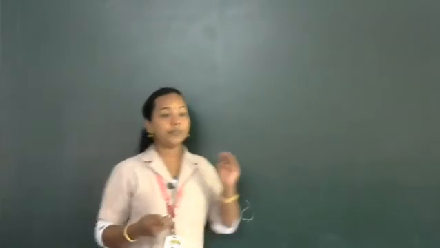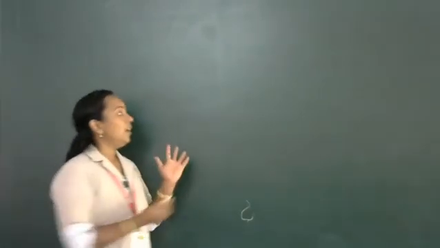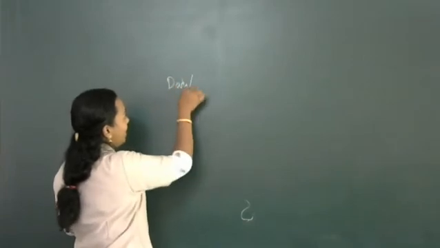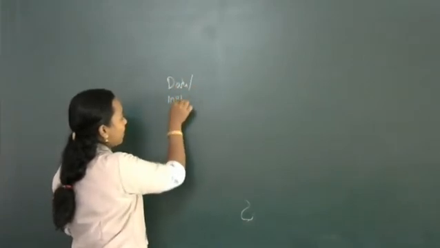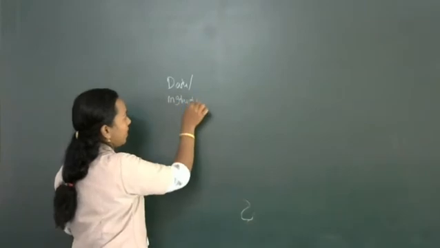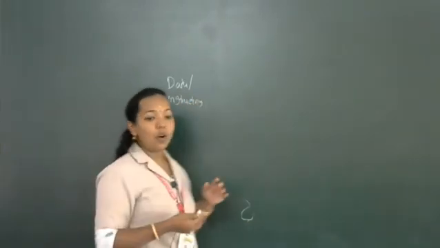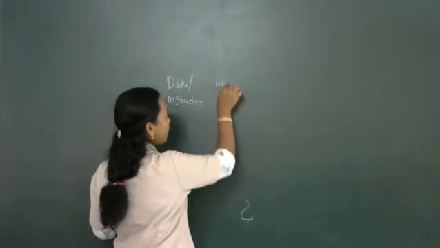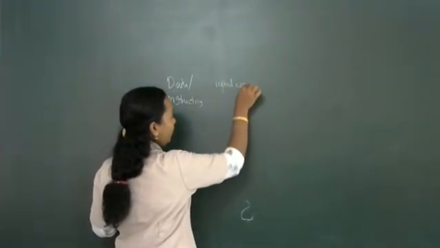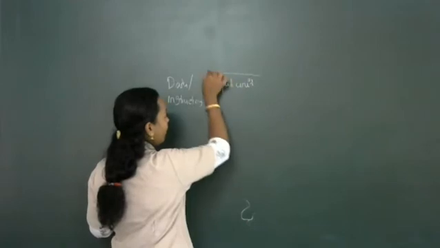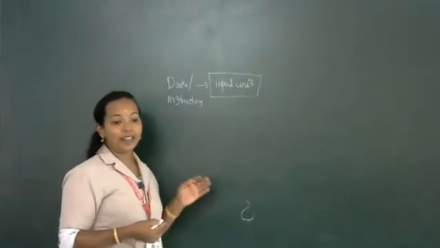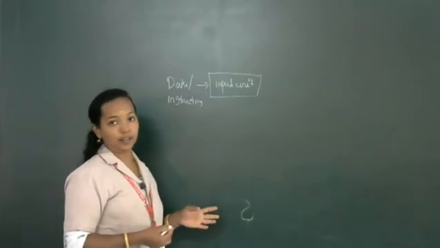Then we start with data. First we are sending data or instructions. To type data or instructions, we require an input unit. So through the input unit, we are transferring data and instructions to the computer.